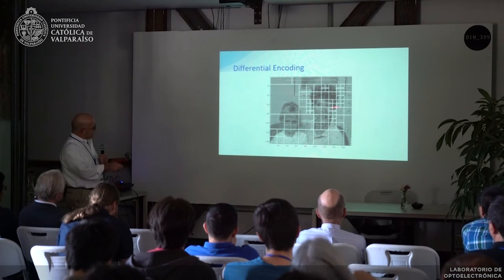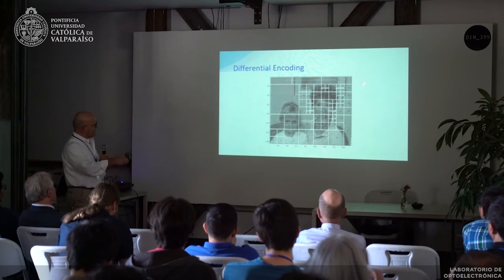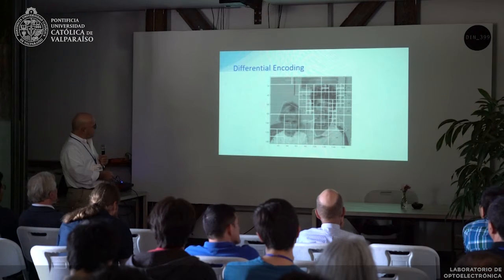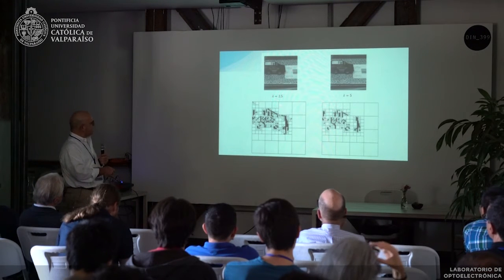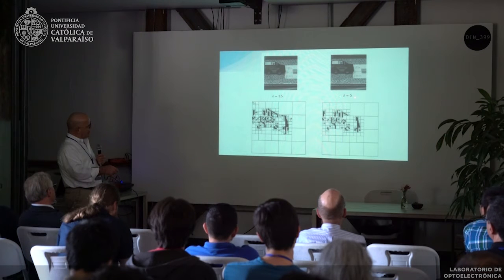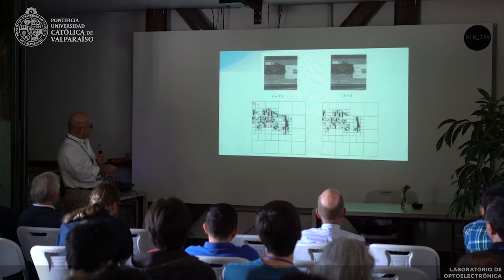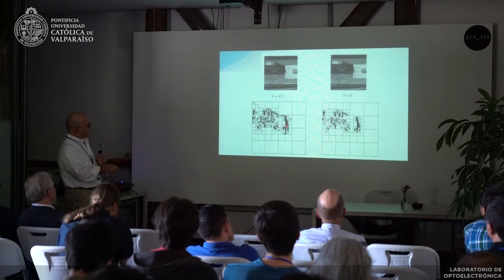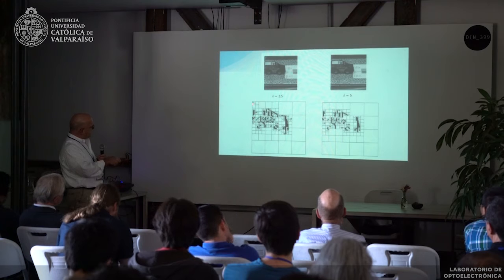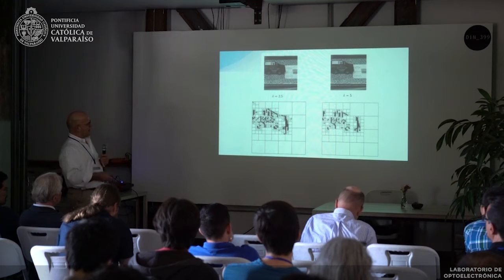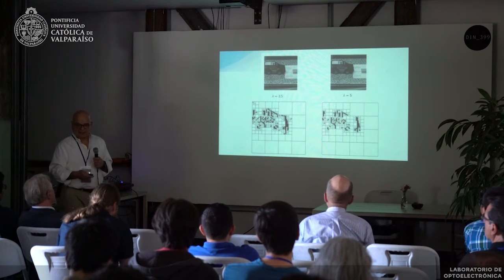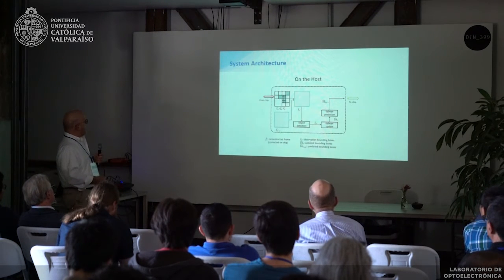Also, if you want to encode, there is a Hilbert scan that underlies this, that tells us how to visit the different blocks. And there's a parameter there, a lambda, that multiplies the rate. So the larger the lambda, the smaller the rate. If you compare this tessellation of this frame and this tessellation of the same frame, this provides more accuracy if you go down to smaller sizes, because we have a higher rate that you can communicate between the camera and the computer, right?